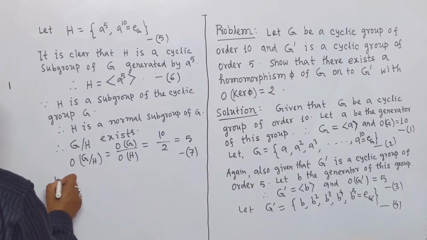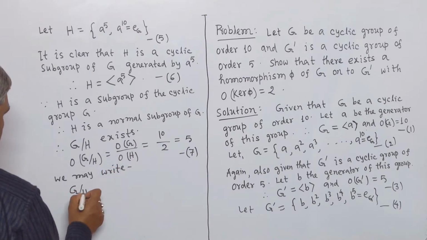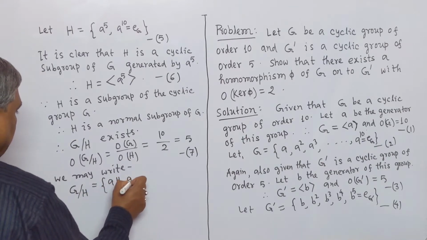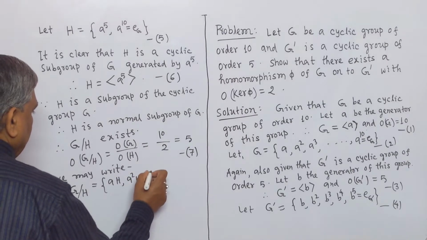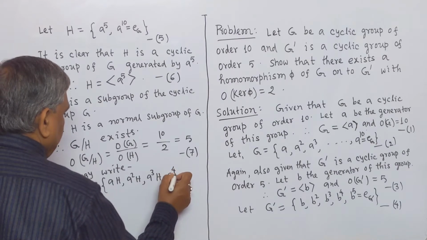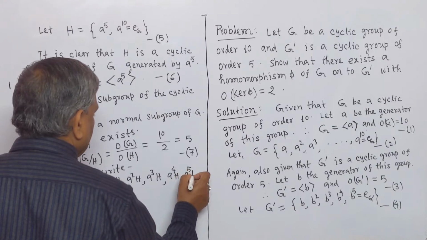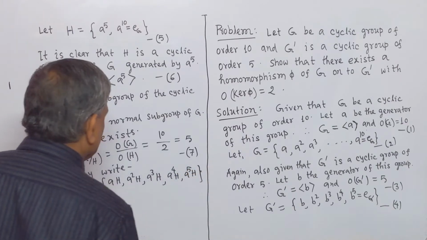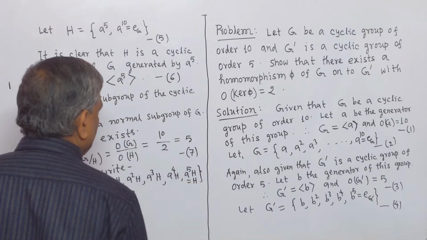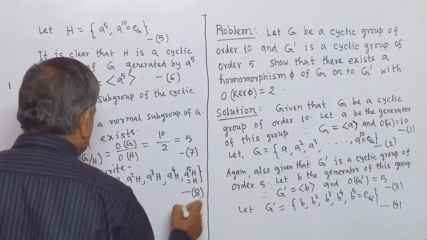We may write G by H quotient group as AH, A square H, A cube H, A to the power 4 H and A to the power 5 H, and this is equal to H. Let this is number 8.